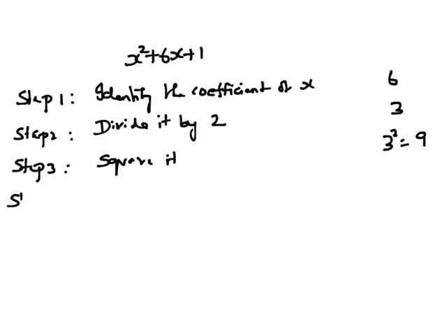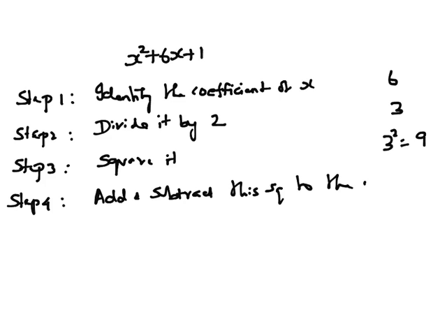And step 4, add and subtract this square to the original quadratic expression. So that means what I do is I write x squared plus 6x.